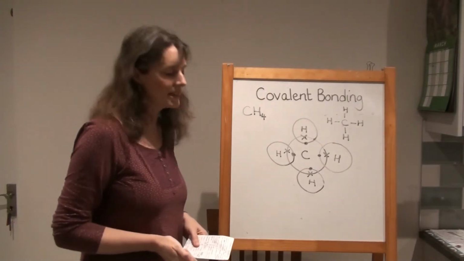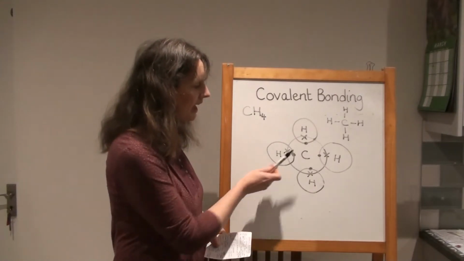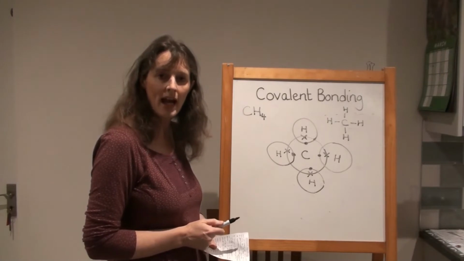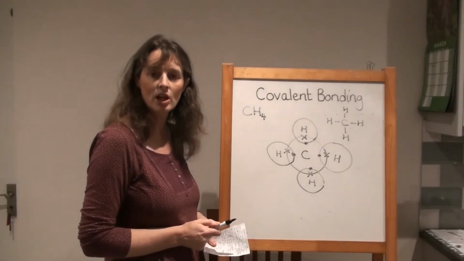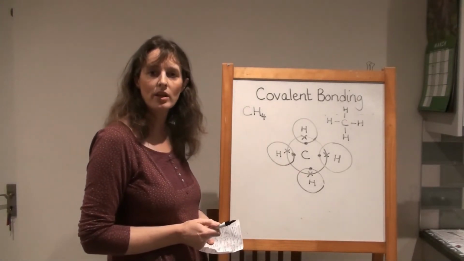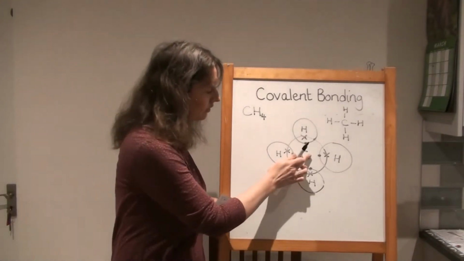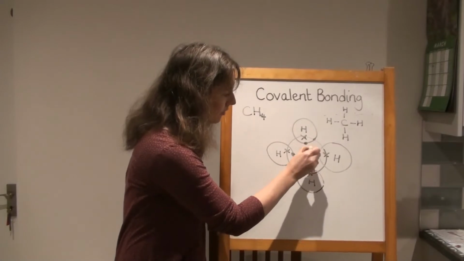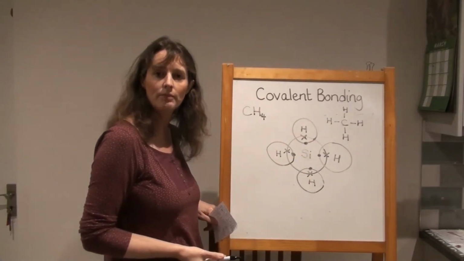Let me use this as a further example. So here I have methane, CH4. I can, with doing very little to this diagram, change this into something called silane. And all I need to do is change my label from a carbon to a silicon.